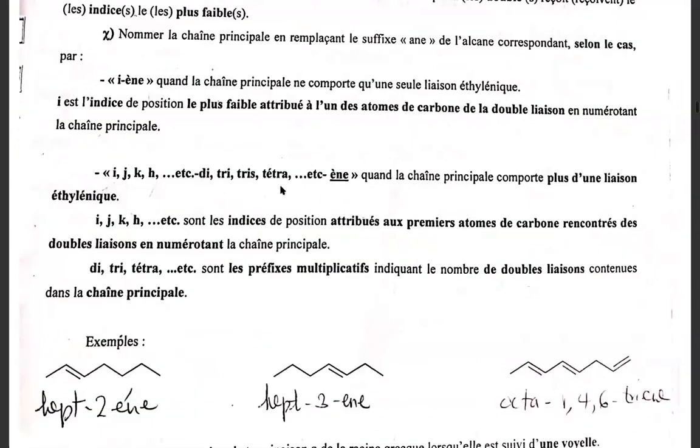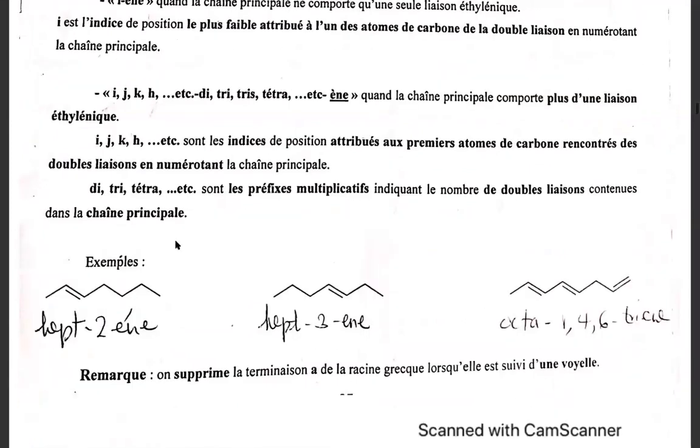So the first principle, like we said, when you're naming an alkene, is you count the longest chain. And the example we have here, when you count the longest chain, you're going to have 1, 2, 3, 4, 5, 6, 7. Rule number 2 is you look for the substituent.